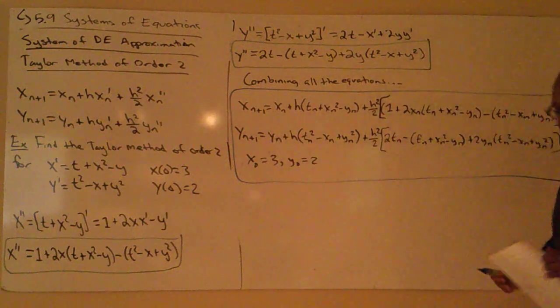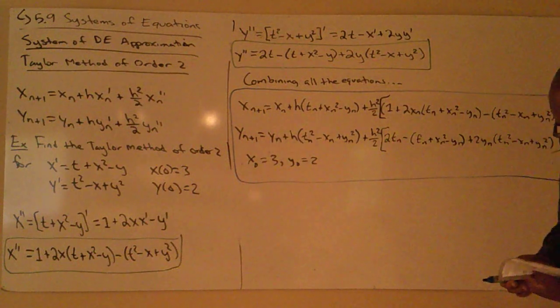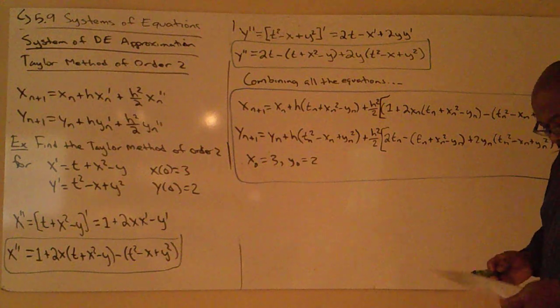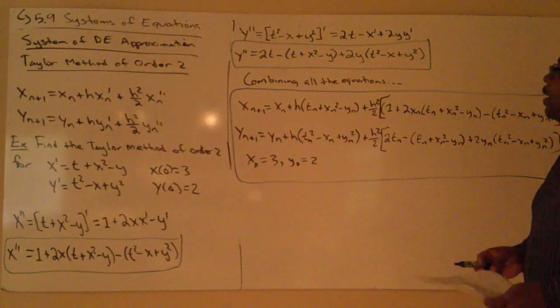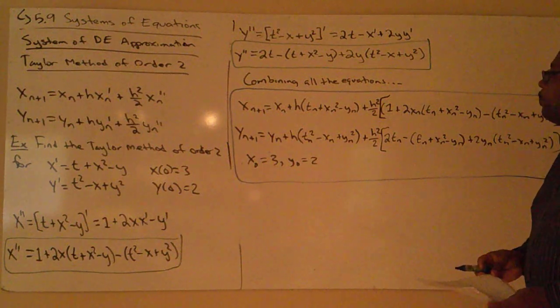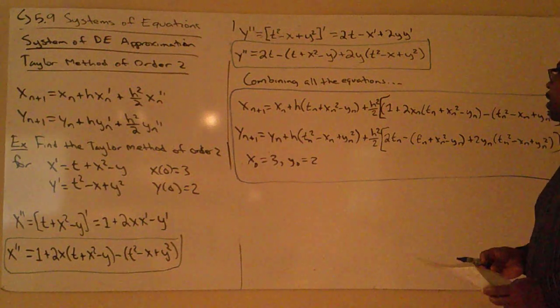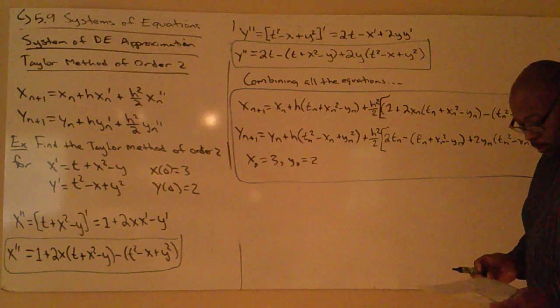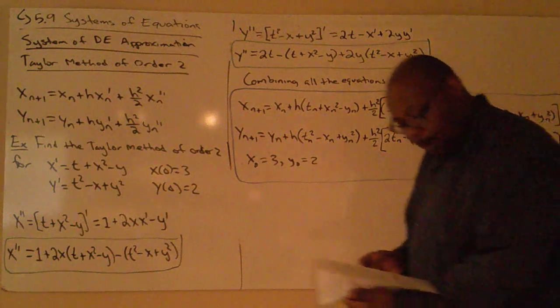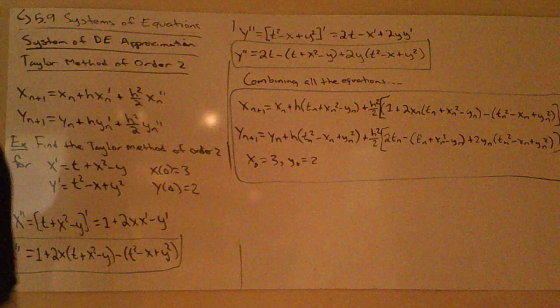This is my answer. And do I have any system for it? I don't think I did. This is where Excel or a computer would come in handy. I don't think I wanted to actually approximate a solution using this. This would just take me too long. All right, so we're going to stop there with this one.